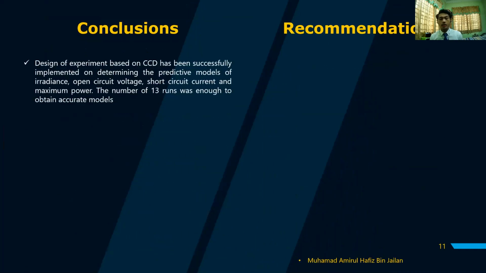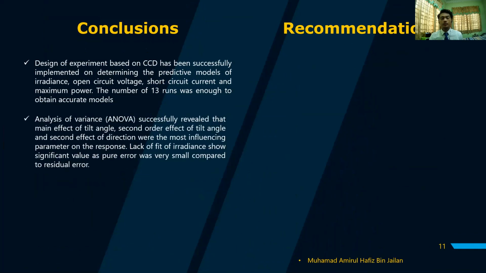So, as the conclusion, design of experiment has been successfully implemented in determining the predictive model of irradiance, voltage, current, and maximum power, where 30 runs were enough to obtain an accurate model. Also, the ANOVA successfully revealed that the main effect of tilt angle A, the second order of tilt angle A squared, and the second order effect of direction B squared were the most influencing parameters on the response.